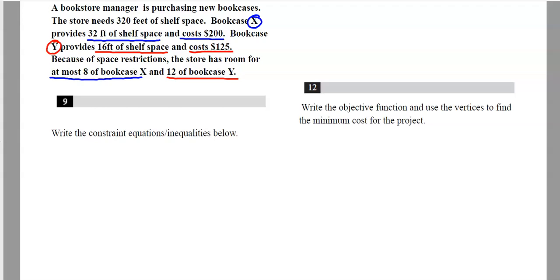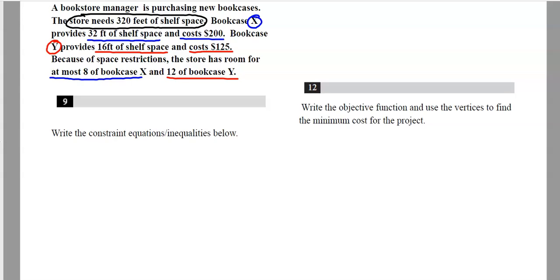All right, well, let's see what we can put together with constraints with some inequalities. And one fact that we needed was the store needs 320 feet of shelf space. All right, so let's think about our X and Y. So first of all, I'm going to start kind of easy.